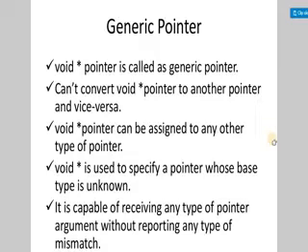It may be character, it may be float, it may be integer. So void is used to specify a pointer whose base type is unknown. If the data type of that particular variable is unknown to us, then we use a void pointer so that we can store any address that is indicating any kind of data.